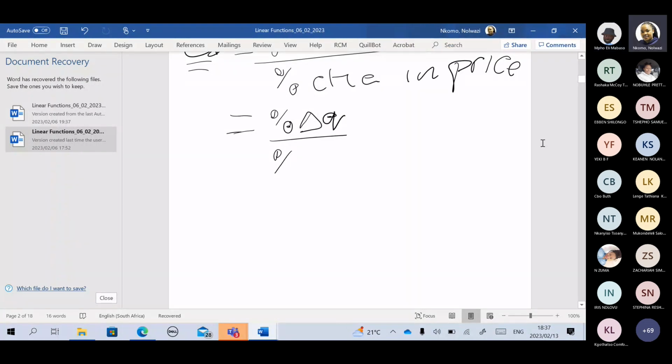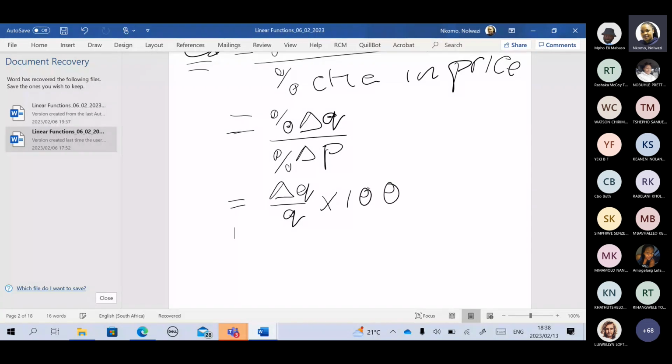Again, the percentage change in demand is equal to the change in demand over demand times 100, over the change in price over price times 100.